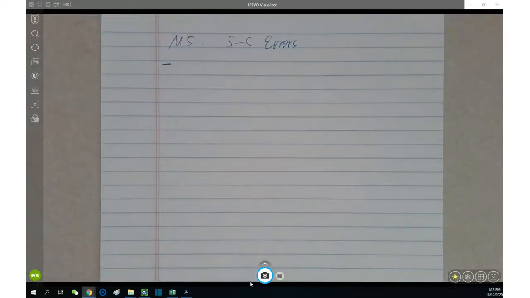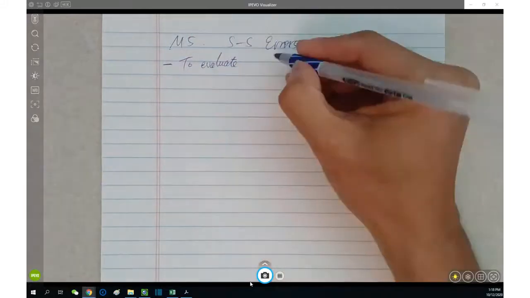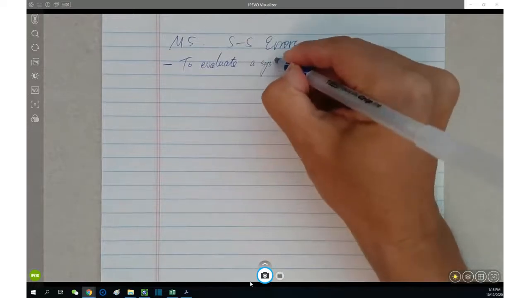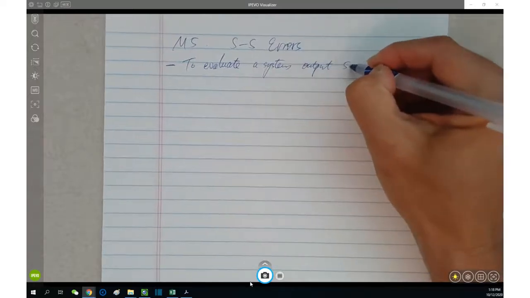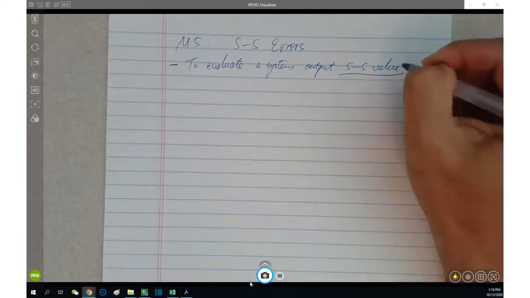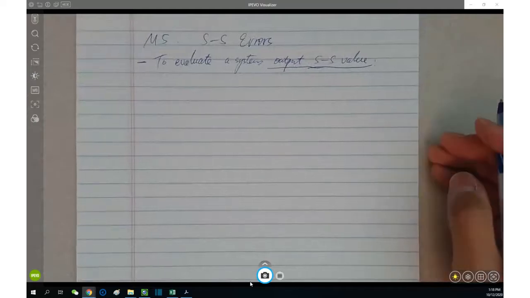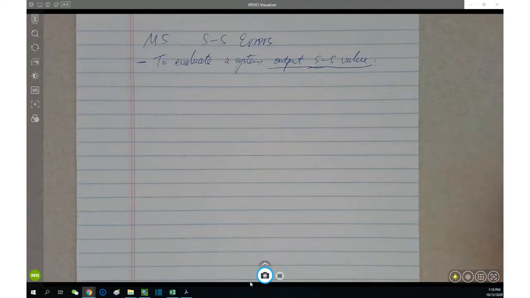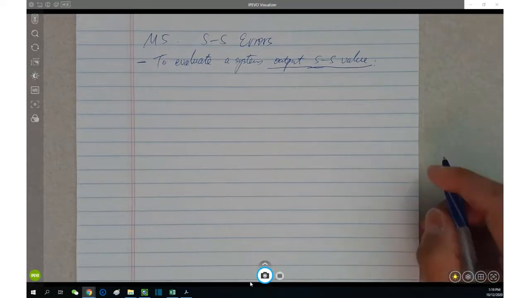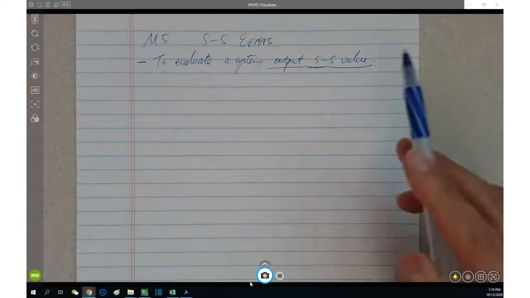It is about trying to evaluate a system's output steady state value. Module 4, as you remember, was about the output waveform, including the transient part as well as the steady state value. What does the output time response look like? And today we're going to talk about the steady state value.